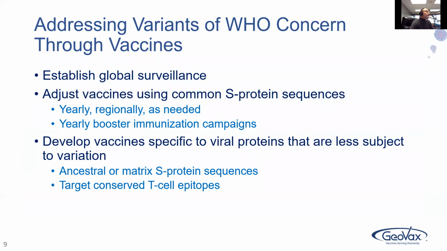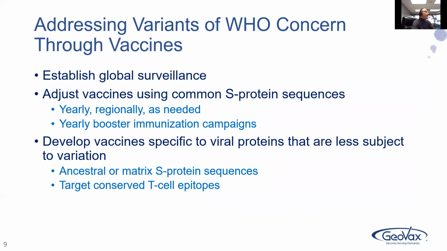Now, how do you address variants of world health concern? Through vaccines. Well, one of the approaches is to have a global surveillance system, similar to what is used for influenza. So here you can track the emergence of different variants and then adjust your vaccine using the most common S protein sequences that are circulating at the time.